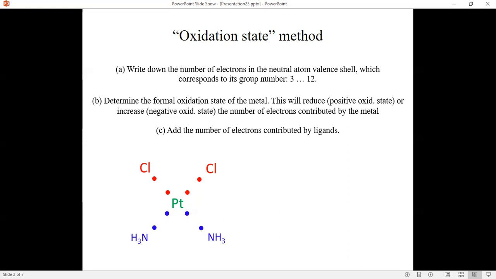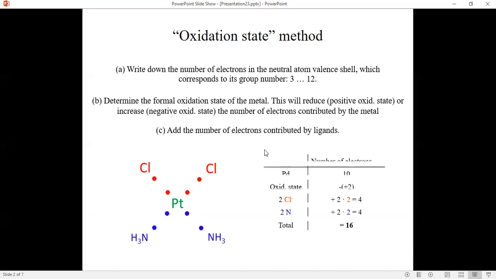Now we have determined all the electrons, and you can just sum them all up. So we have here, actually it should be a platinum, not a palladium, 10 valence electrons coming from the platinum.